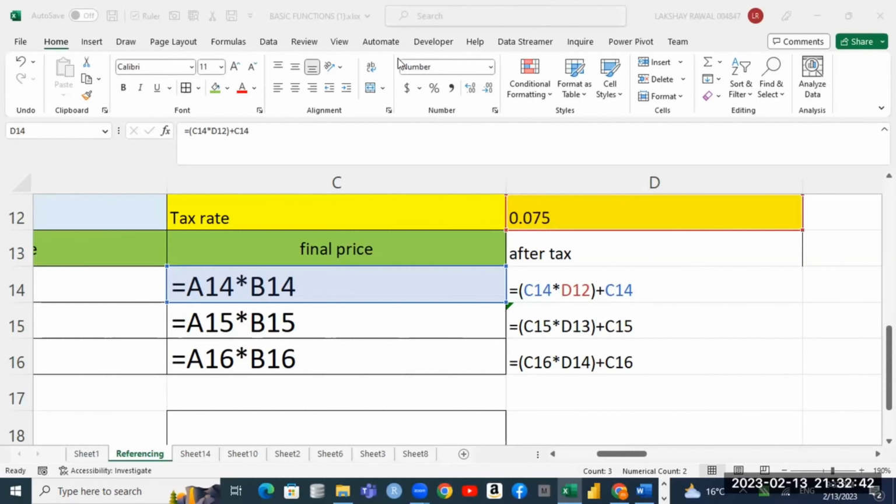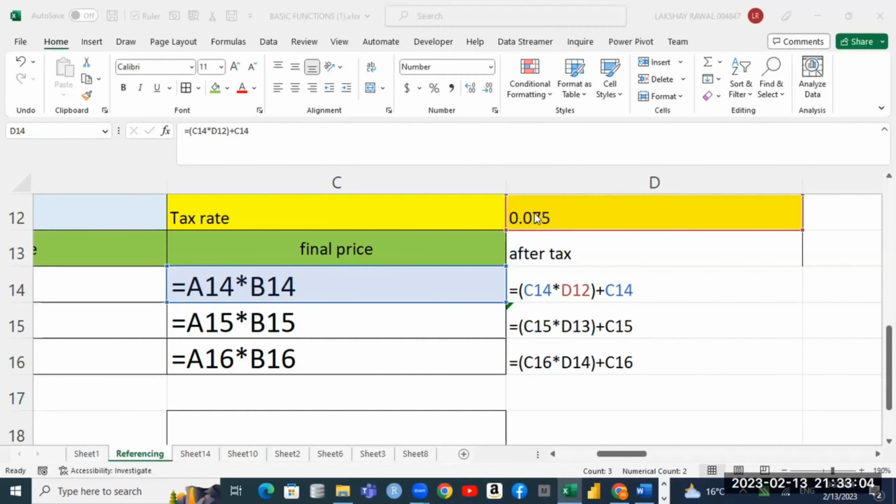Ma'am, it should be D12 and it should be absolute. Every time we have to take the tax. Instead of that, it's showing D13 and D14. Look at the formula, which is not correct.